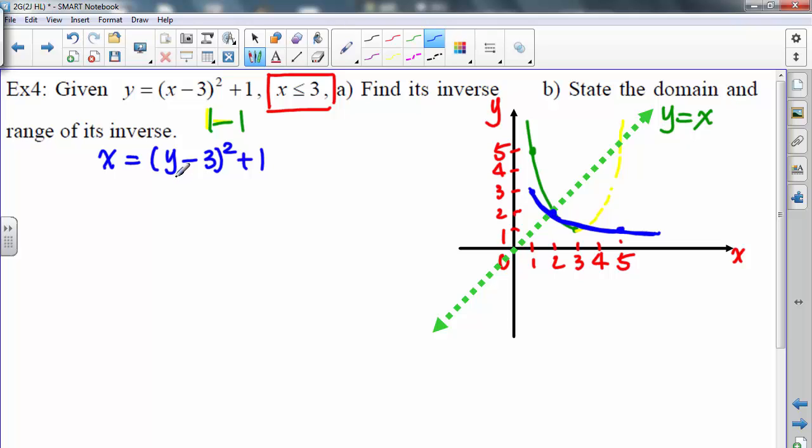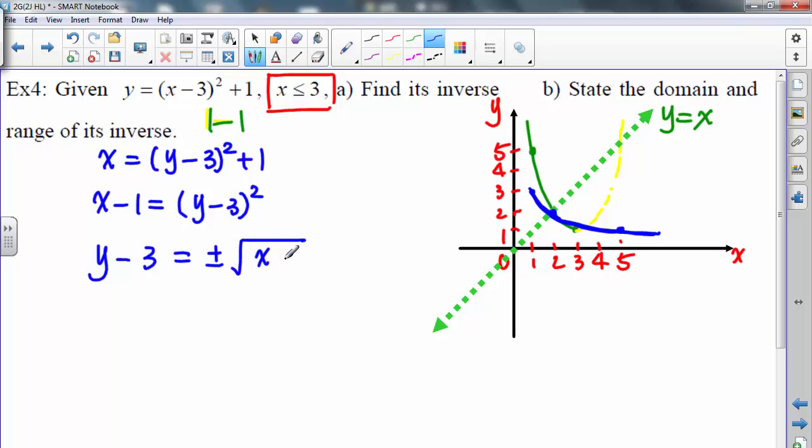How can I solve for y? We learned the quadratic equation with perfect square form already. So I will move this 1 to the other side. If I want to solve for y in this perfect square form, I square root both sides. But of course, when you square root both sides, make sure you remember to put the plus and minus sign.